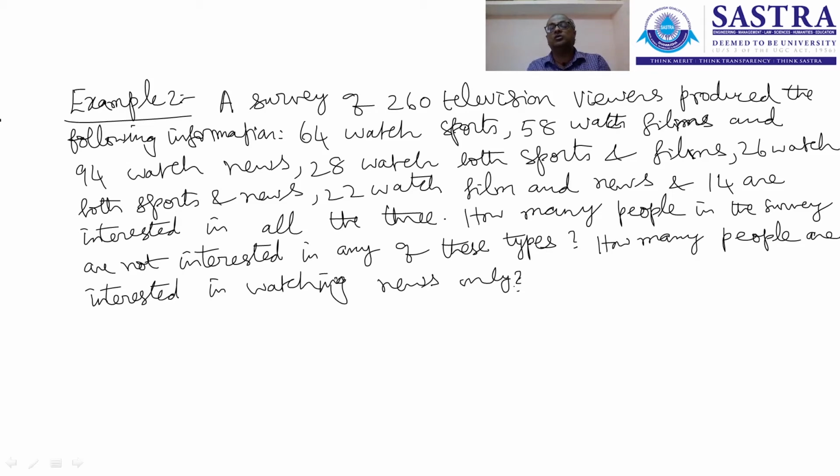Now what the television channel wants to know is how many of the people are not interested in any of these types, as we did earlier with how many do not play any of the games in the previous example. Here the complexity is slightly increased by taking 3 sets instead of 2.